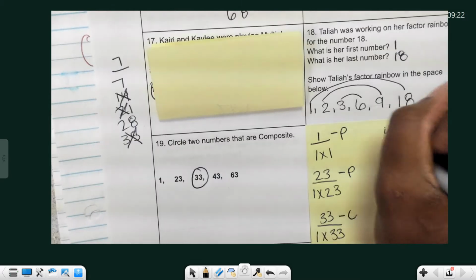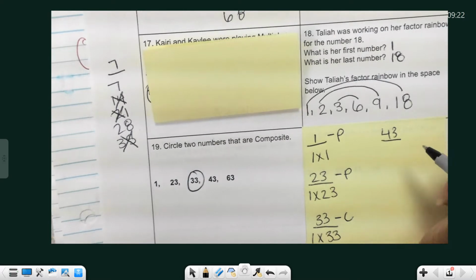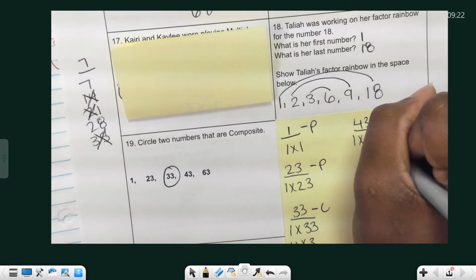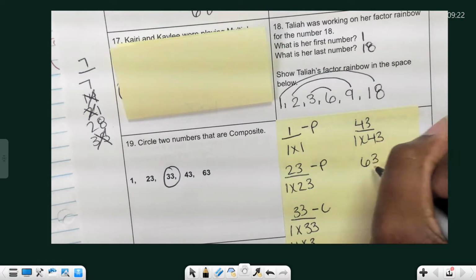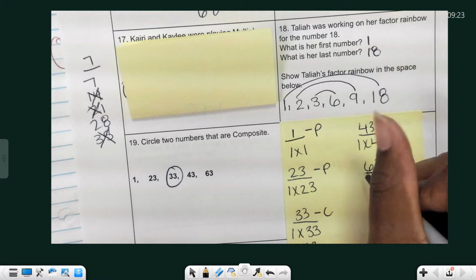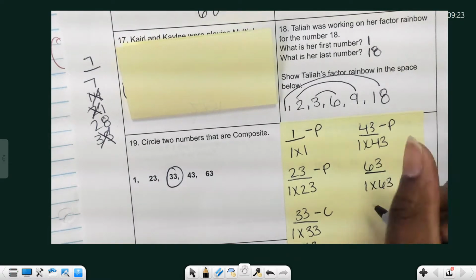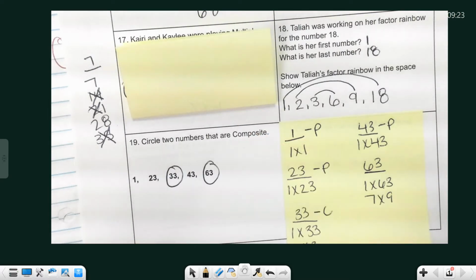What about 43? What are the factor pairs? 1 times 43. Anything else? No. All right, look at the last one, 63. 1 times 63, 7 times 9. All right, that's composite.